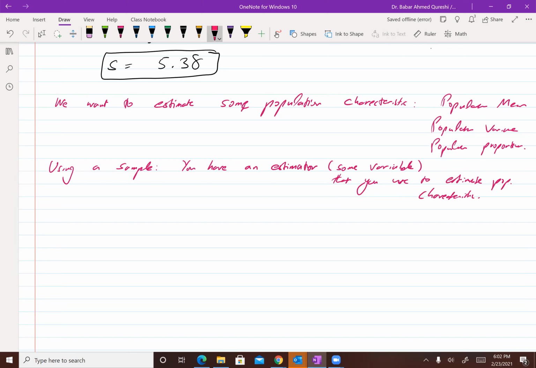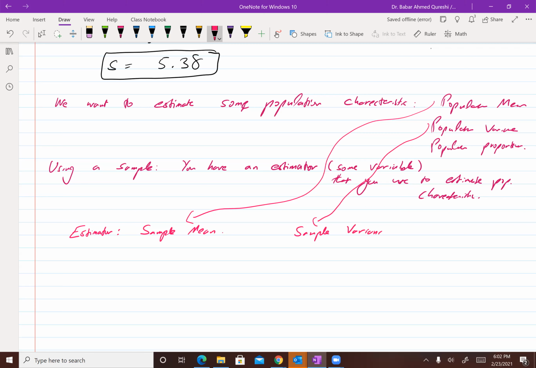For example, if you are interested in population mean, you can probably take the estimator to be the sample mean, because you believe that is going to give you some good idea about the population mean. Similarly, for population variance, you had the sample variance. Usually it's pretty straightforward.